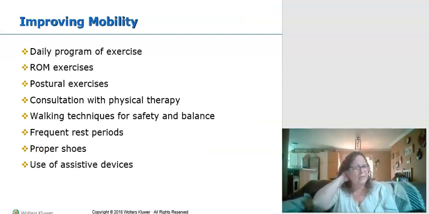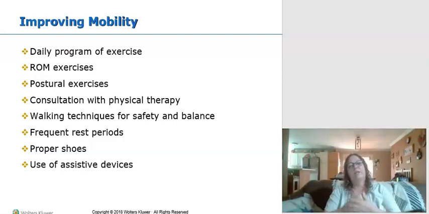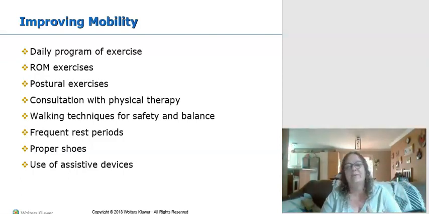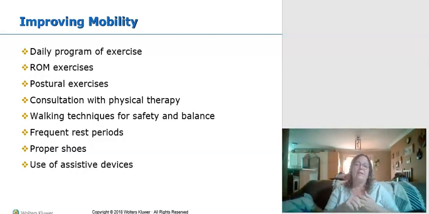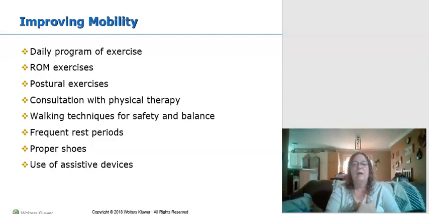To improve mobility, we want a daily program of exercise, range of motion exercises if they're unable to do much else. Postural exercises, so we're consulting with physical and occupational therapy, reinforcing the interventions they have, making sure that we have walking techniques for safety and balance, that they have frequent rest periods.